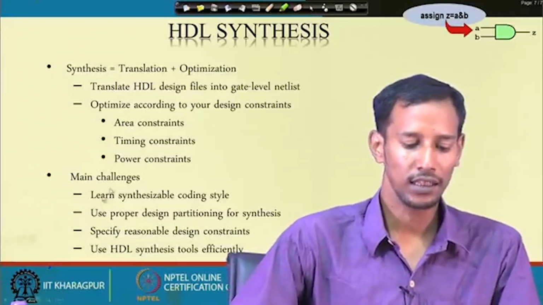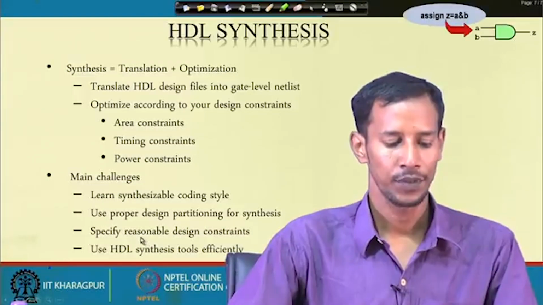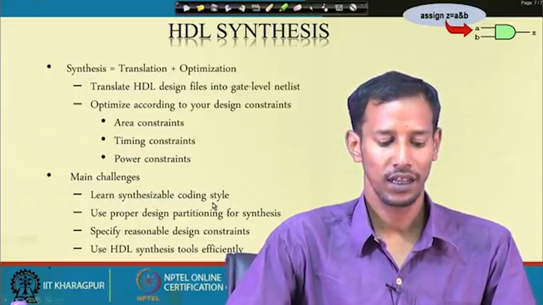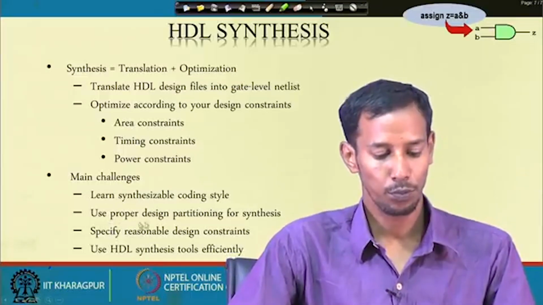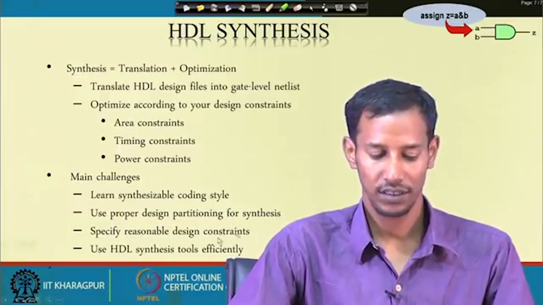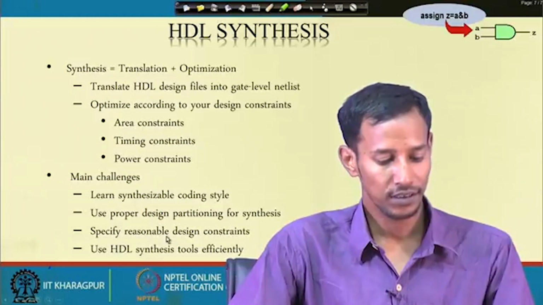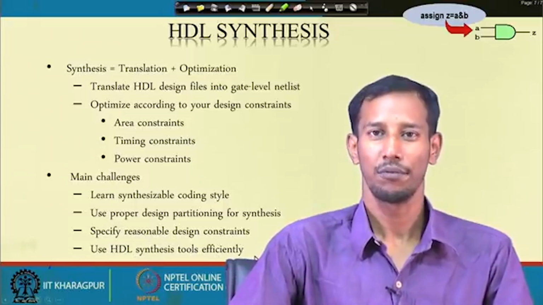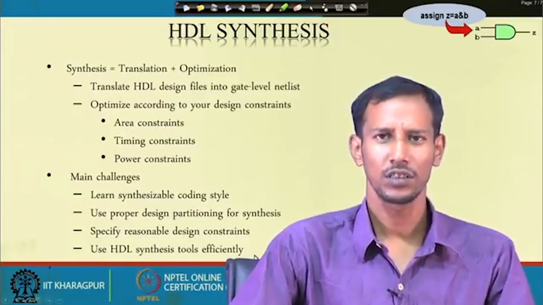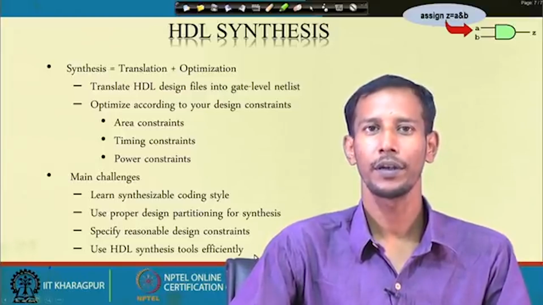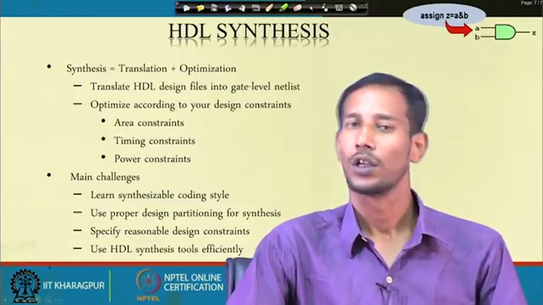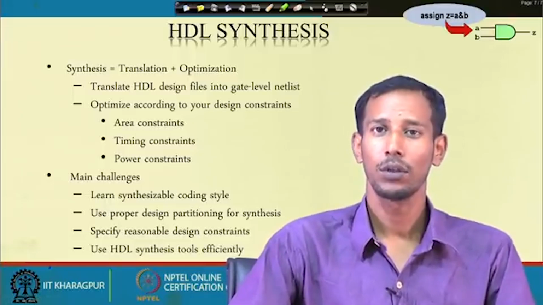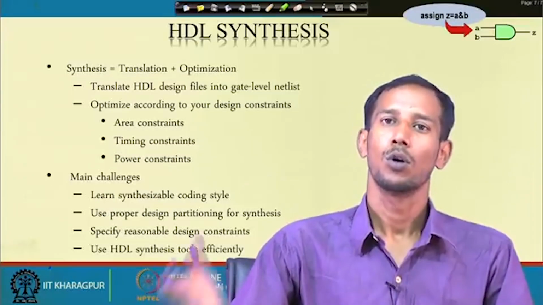So, here the main challenge is to learn the synthesizable coding styles, then use proper design partitioning for synthesis, specify reasonable design constraints and use the HDL synthesis tool efficiently. So, this is all about the automated way. We will see that in the automated way you can do the optimization, and manually you can also do it.